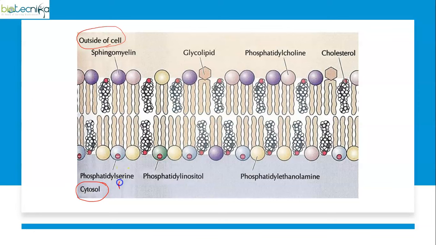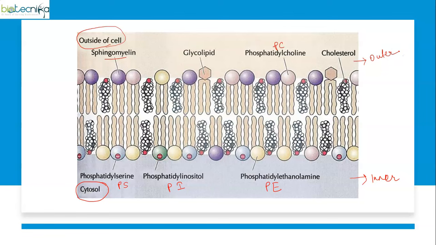Remember, phosphatidylserine, phosphatidylinositol and phosphatidylethanolamine. These are the three major lipids present towards the inner leaflet of the plasma membrane. Similarly, sphingomyelin and phosphatidylcholine will be present towards the outer leaflet of the plasma membrane.